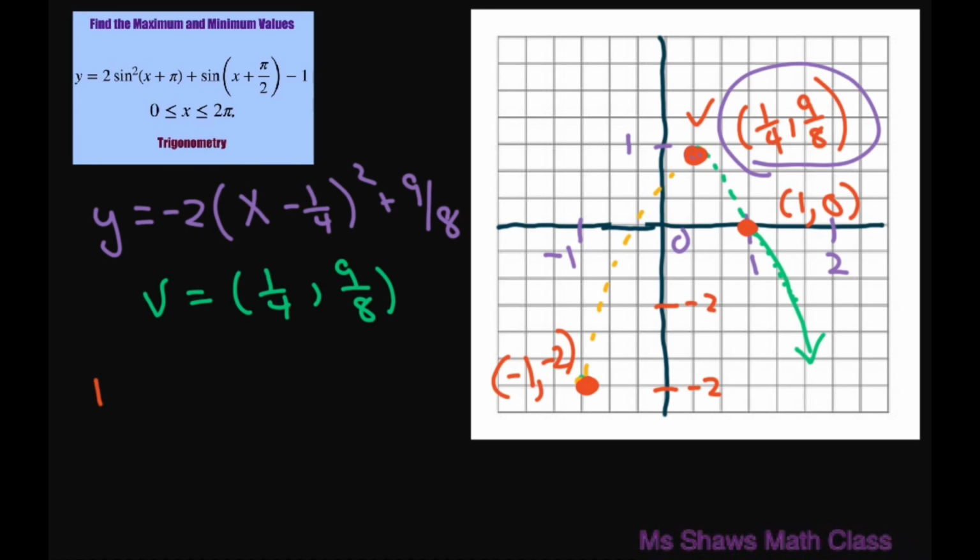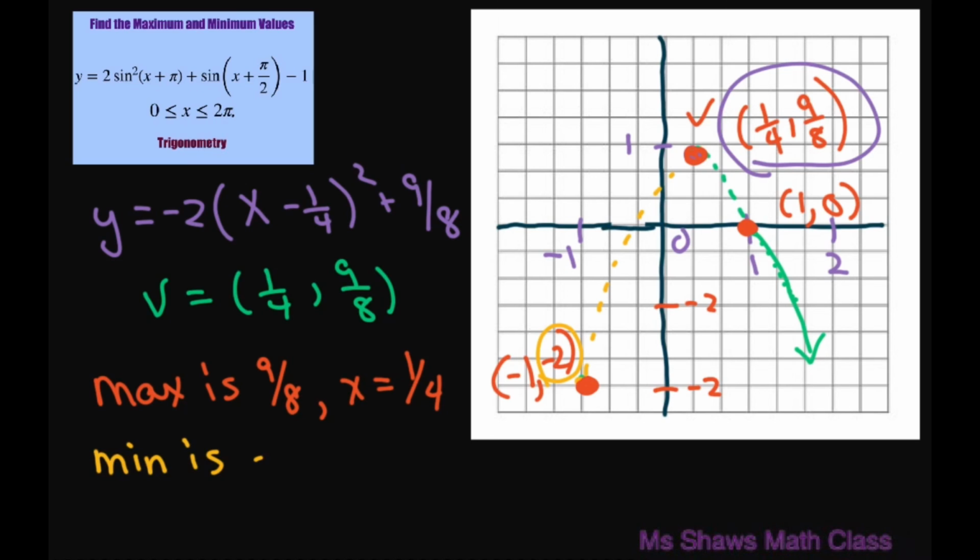So your maximum is 9/8 when x is 1/4. And your minimum is going to be here at negative 2, and that's when x is negative 1.